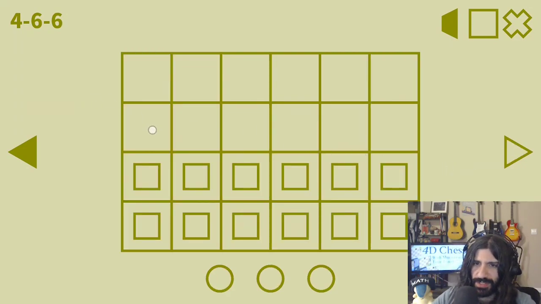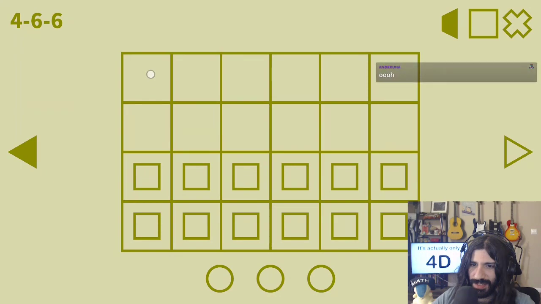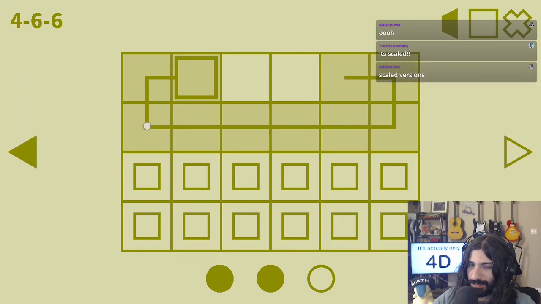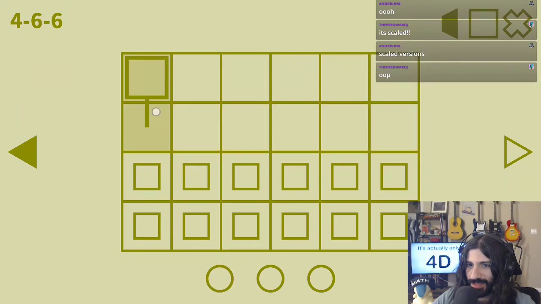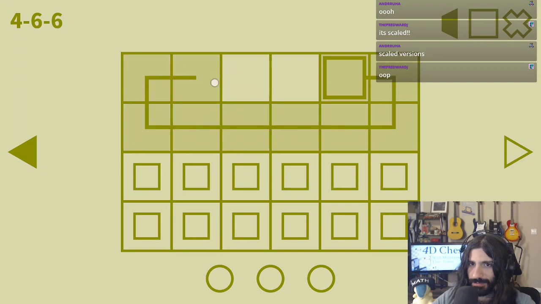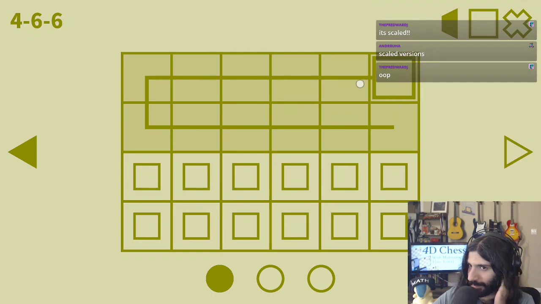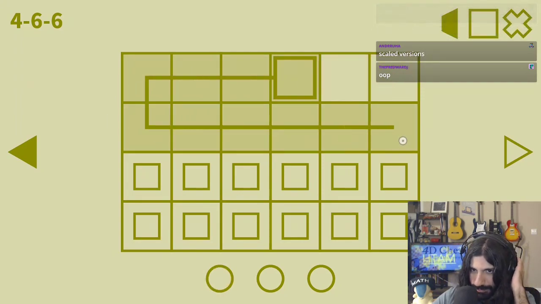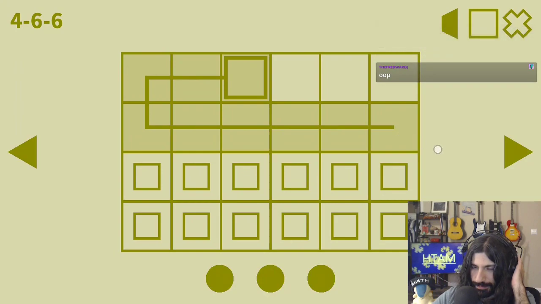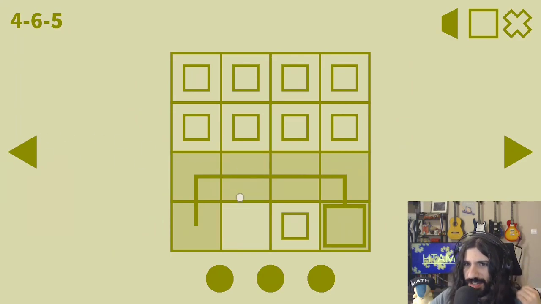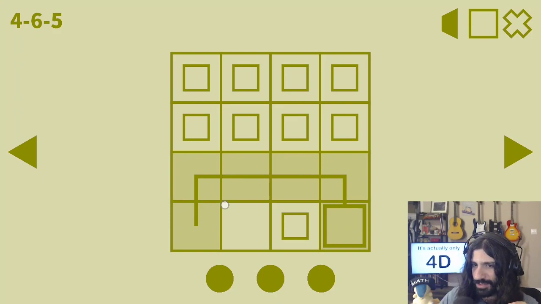Okay. Oh, Jesus. Maybe it's that each section, okay, the two sections have to be in 1 to 4 proportion, basically.